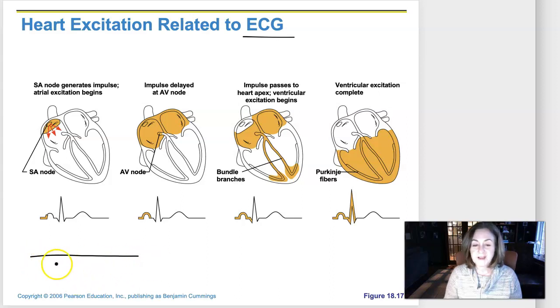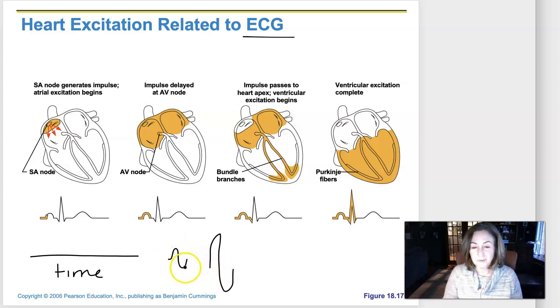So this x-axis is just time going by. When there's a voltage change, that will create a wave, right? And the amplitude of that wave, the size of the wave, tells you about the size of the electrical event. We're not going to go into any type of interpretation of the EKG, so I'm not mentioning it for that.